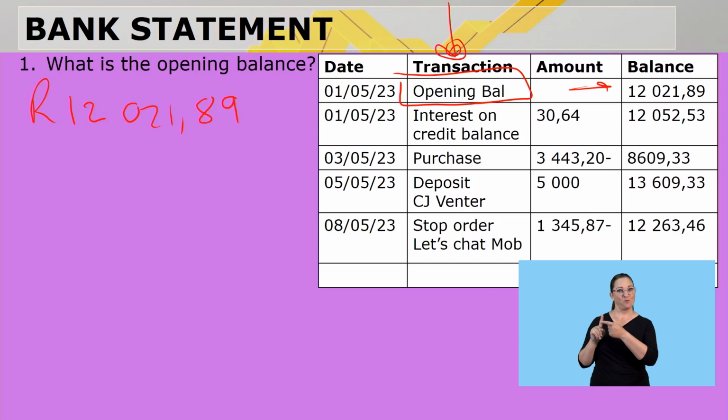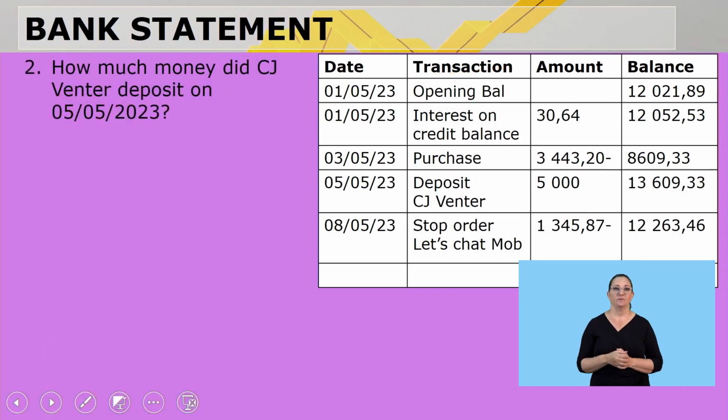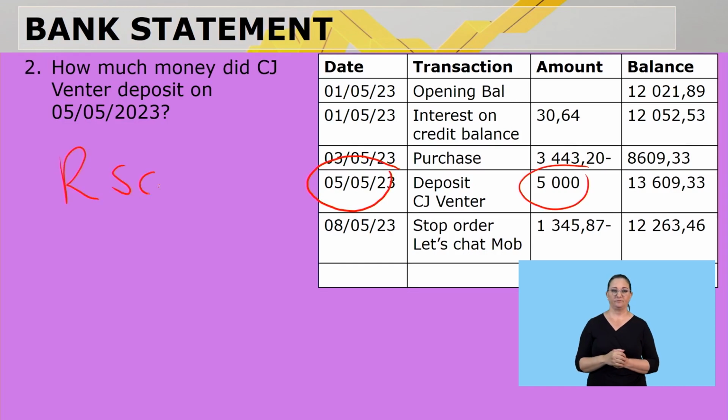It is a positive amount, meaning there's money in the bank. How much money did CJ Venter deposit on the 5th of May? We go and look for the 5th of May. There's a deposit for CJ Venter, and that is 5,000 Rand.